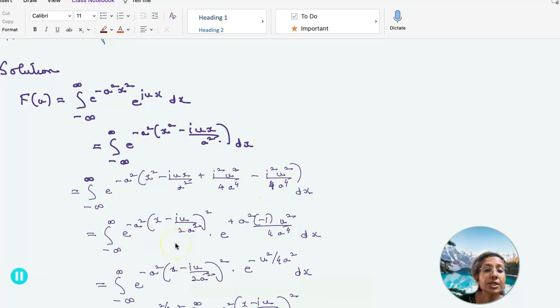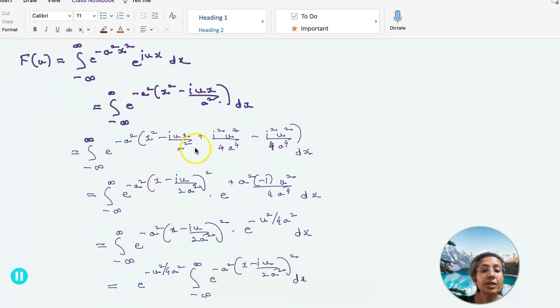So this becomes the integral from minus infinity to infinity of e raised to minus a squared. The first three terms will give you x minus iu by 2a squared, the whole squared, and this is e raised to a squared into minus 1 u squared by 4a raised to 4, since i squared is minus 1 and minus minus cancels.